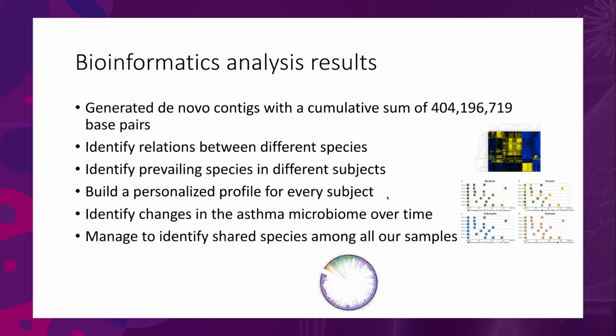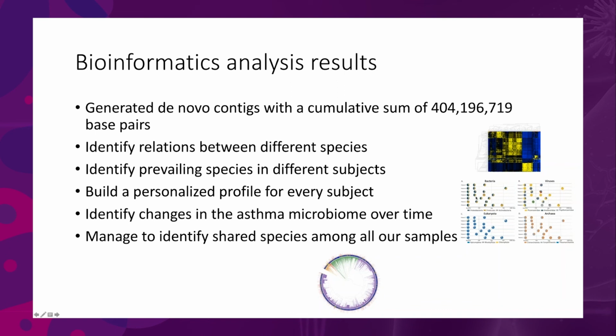We use this information to identify relations and correlations between different species, and how some species change in terms of abundance over time. We identify species that are consistent in all of our subjects' samples, and try to build a personalized microbiome profile for each patient.